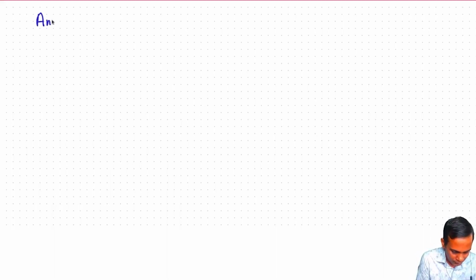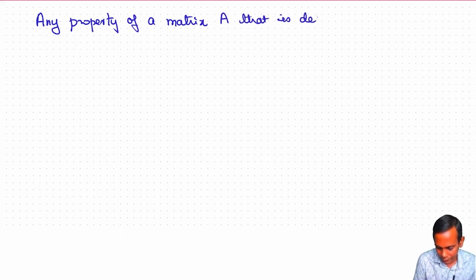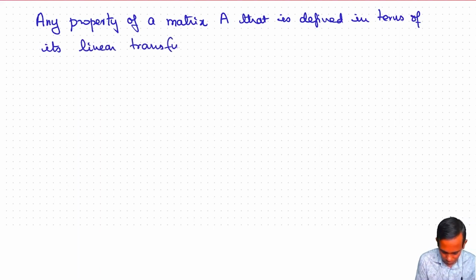Any property of a matrix A that is defined in terms of its linear transformation is invariant under similarity.